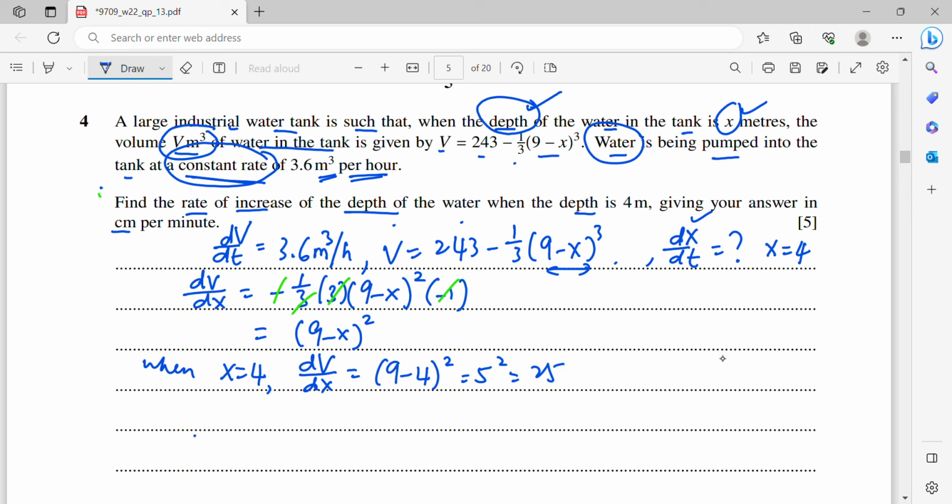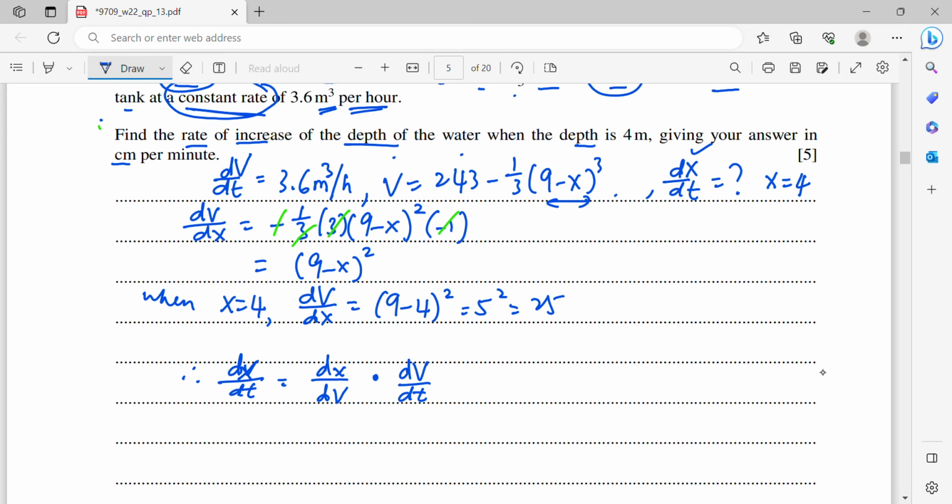So at last, to get the dx/dt, dx/dt is going to be dx/dV times dV/dt. Now dx/dV we have calculated, which is 25. Then you multiply with dV/dt, which is 3.6.